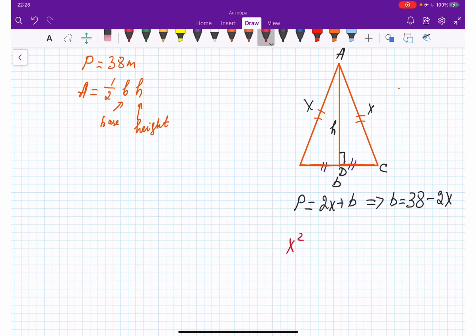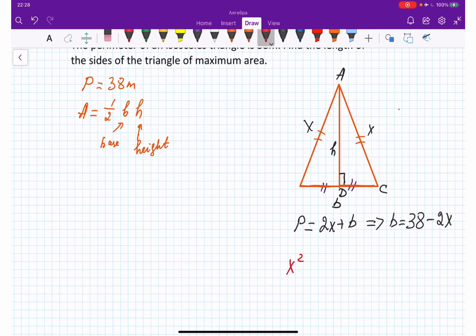Since I'm taking triangle ADC, the hypotenuse here is the side against the right angle, which is going to be x. So h and b over 2 are our legs.